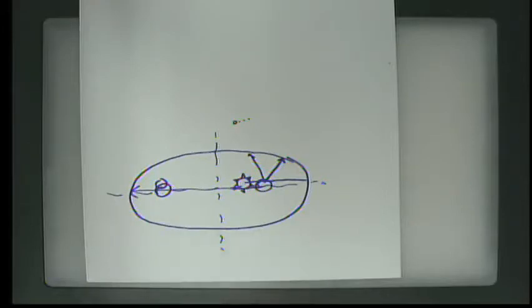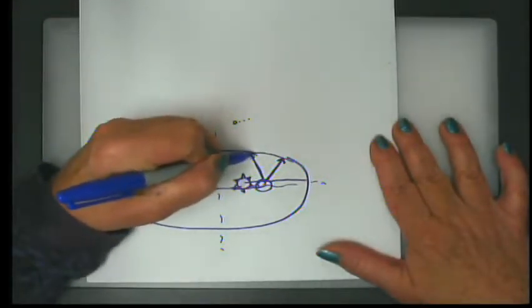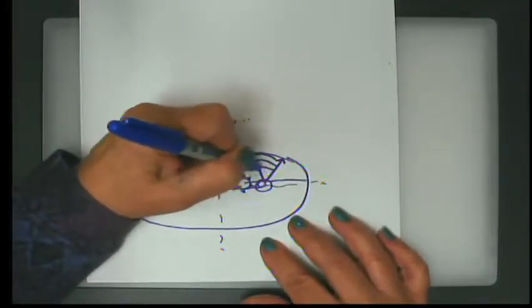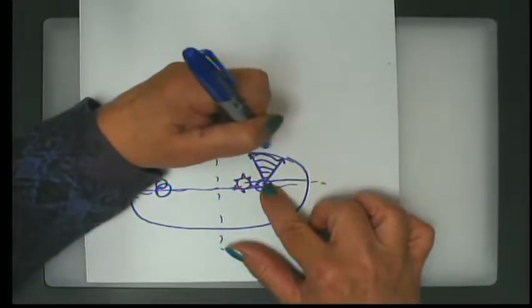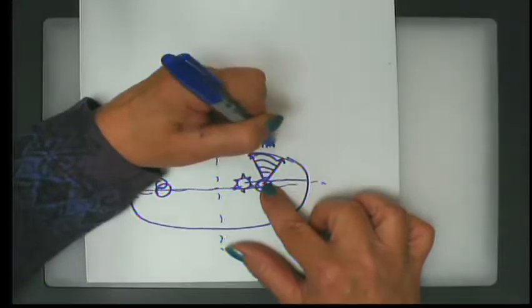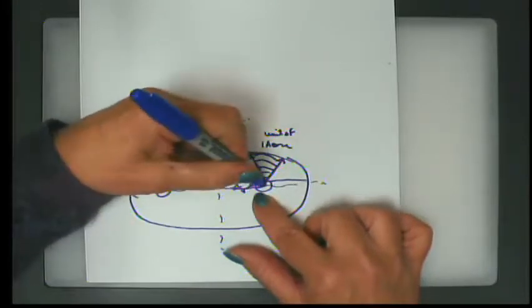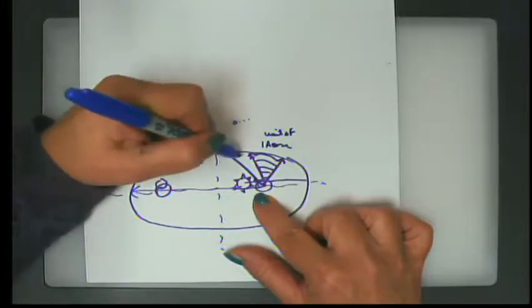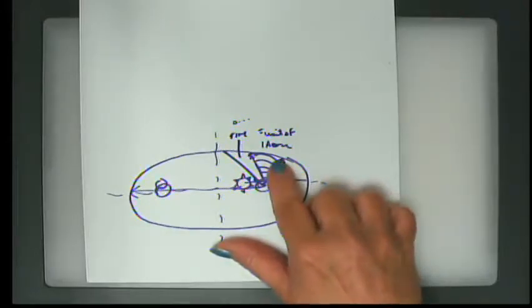It says a line from the sun to a planet sweeps out equal areas in equal time. What that means is that if we have an orbiting body in an elliptical orbit, and this chunk of time represents 1 hour and has one areal unit, 1 unit of area, whatever that is, if I go from here to here and I make something that has an equal area, like this, this would represent the same amount of time as this, if this area were equal to this.